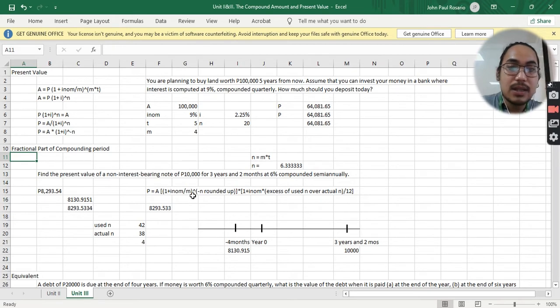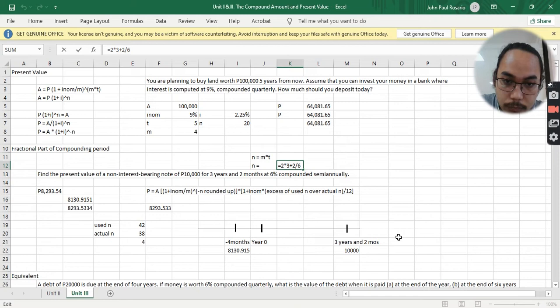Our M here is 2, since it is semi-annual. So we can solve it this way, or we can solve it by doing this.